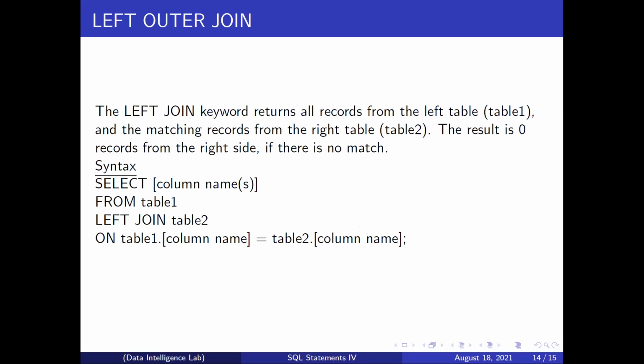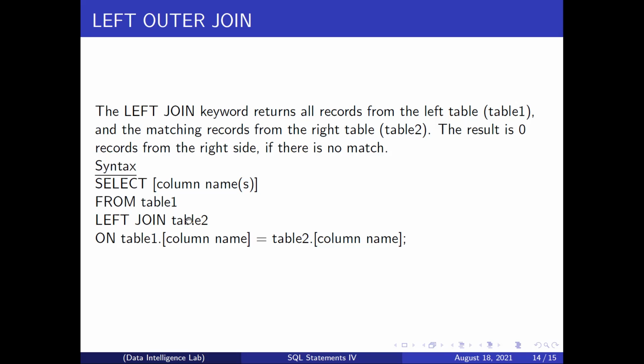The left outer join, just like the name says, would take all the matching records from the right table, including all the records from the left table, right? This is also how you specify the left join. In this case, table 1 is your left, table 2 is on your right.